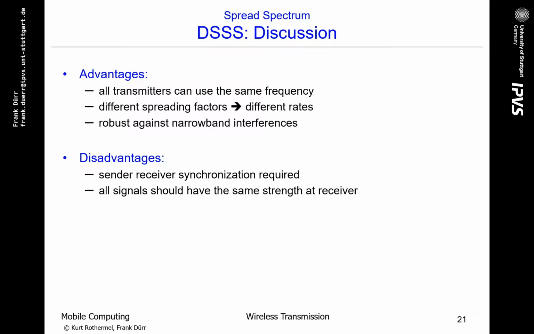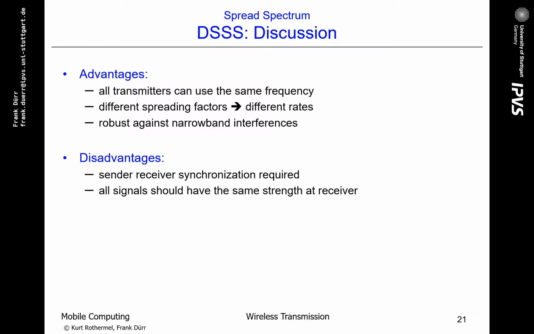Again, a sender who is very distant from the receiver needs to send with a stronger transmission power than maybe a sender which is very close to the receiver. So we need power control. We need maybe an open or closed loop system to control the power of the senders such that at the receiver side, all the signals arrive with the same signal strength.